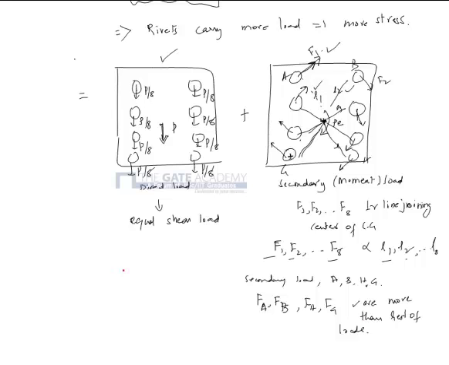Okay, so now if you take these four rivets, A, B, H, G, and combine the direct shear load, which is equal in all the rivets, you will see that on rivet A, the vector addition would be P by 8 plus F. Remember, FA, FB, FH, FG are all the same because the lengths L1, L2, L3, L4 from the CG are the same, so these loads are also the same.